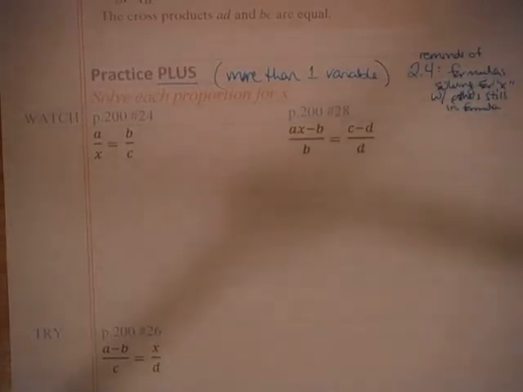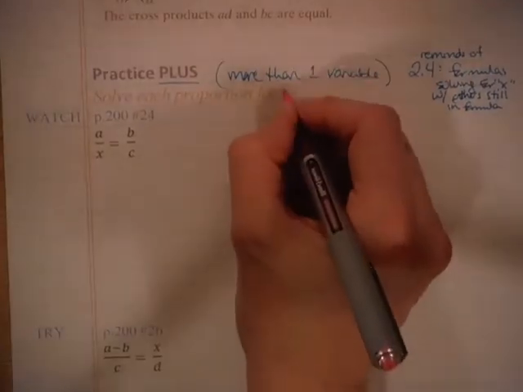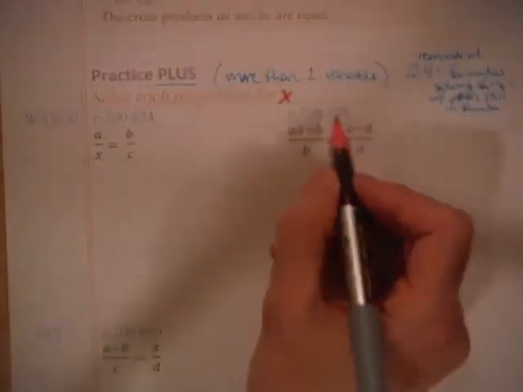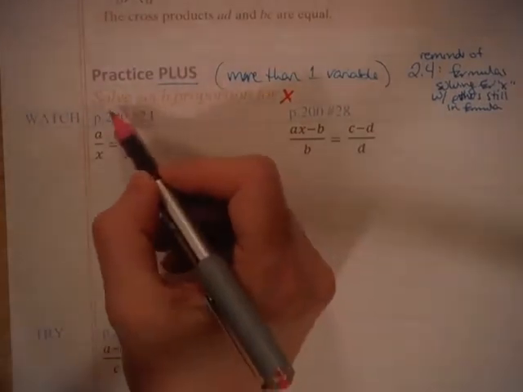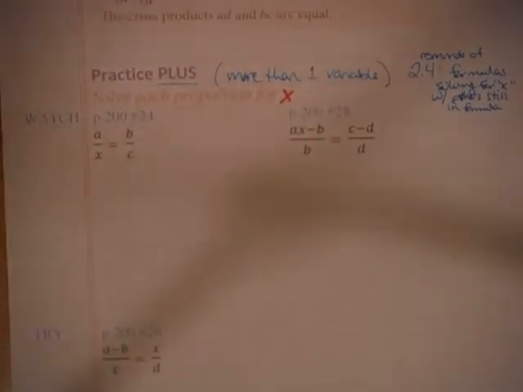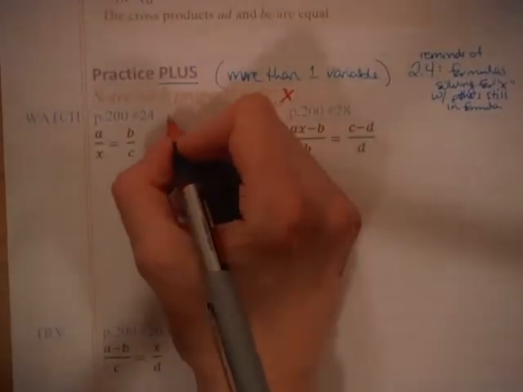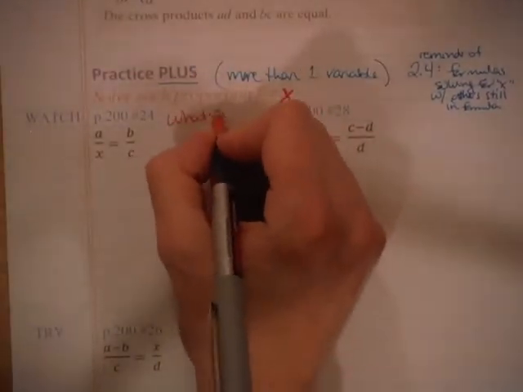So same idea here. There's going to be more than one variable in the proportion. Our job is to seek out and get x by itself. So the way we're going to start that is the way we'd solve any proportion. What's different about these is there's more than one variable.